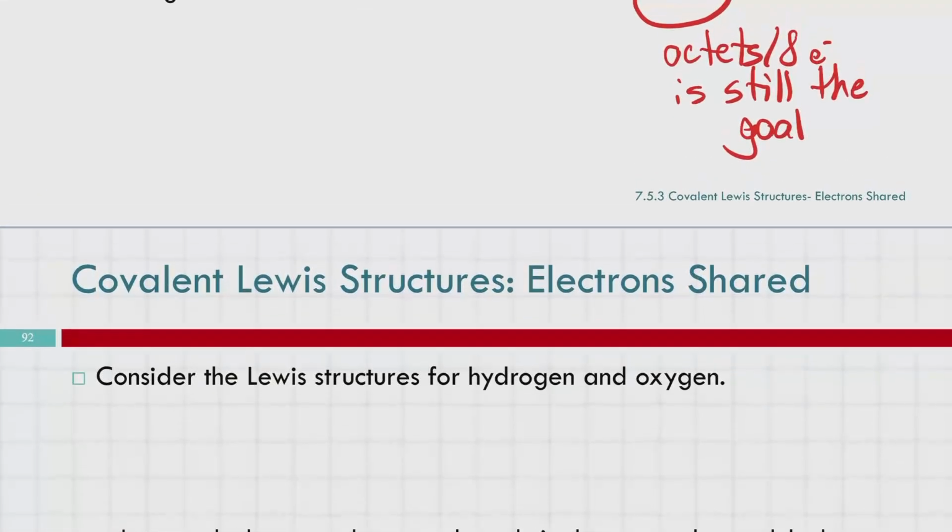Okay, so Lewis structures for hydrogen and oxygen. Hydrogen has how many electrons? 1 dot. Oxygen has how many valence electrons? 6, so 6 dots.